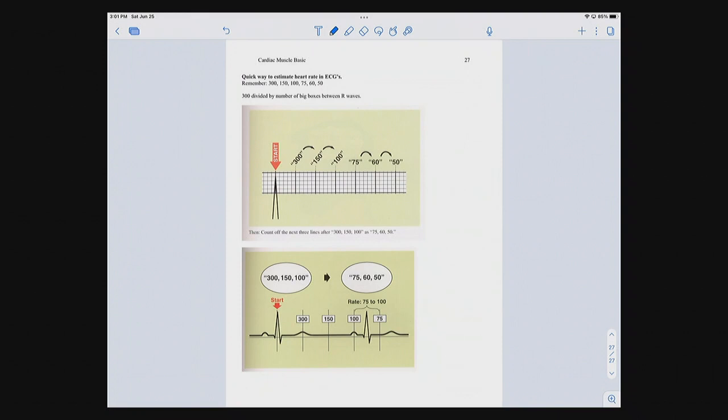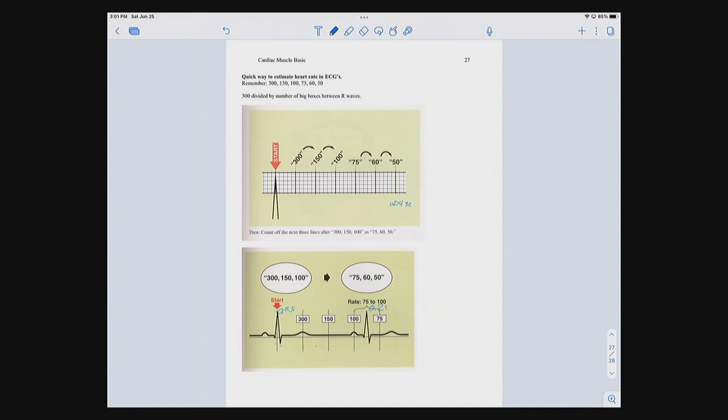So you will recall that 1 square is 0.04 of a second. And you will recall that you go from QRS to QRS. If you could measure the time from here to here, then you can calculate what the heart rate is, but you've got a lot of little small boxes in between, so you don't want to do that.